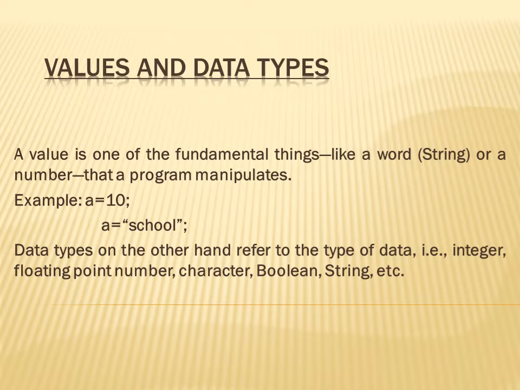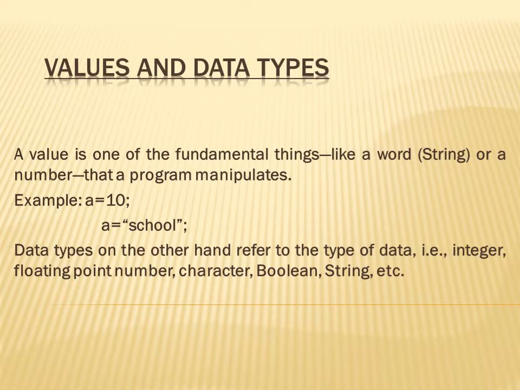The next one is data type. When we are writing a program, we have to write the type of the variables. Data types, on the other hand, refer to the type of data. If we are giving an integer value, then we have to write the data type as integer.